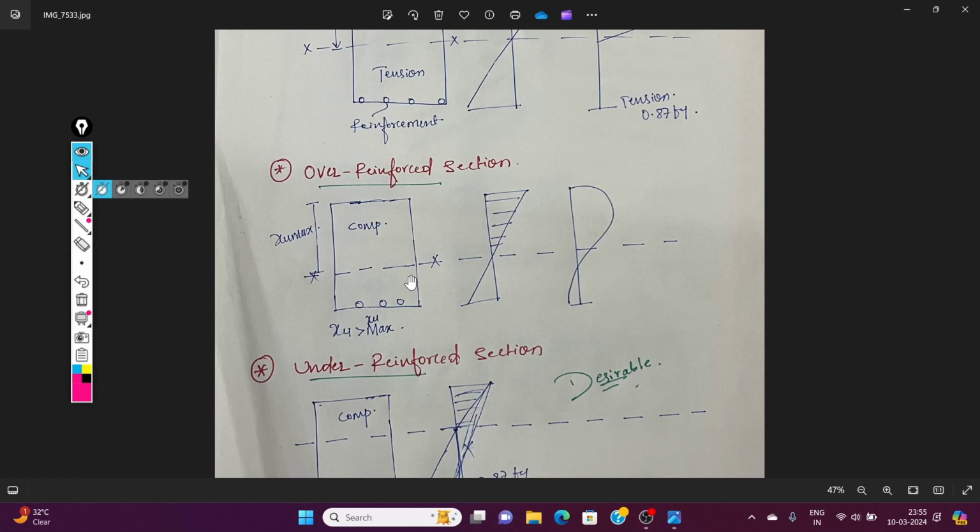So the concrete fails before the reinforcing rebar fails.